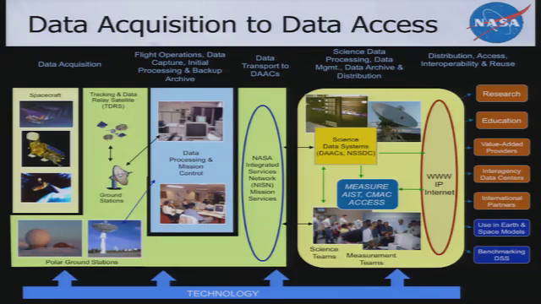And we build research programs on the right-hand side to analyze the data. So those are the programs we call ACCESS, AIST, CMAC, and MEaSUREs. ACCESS is the one to provide higher level data access.